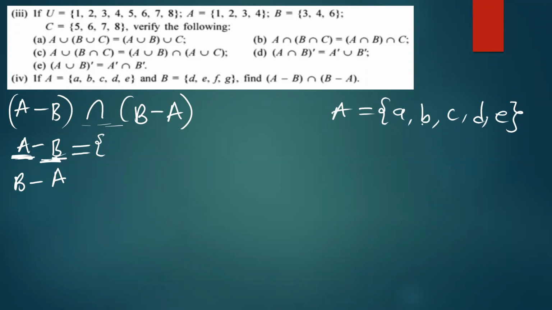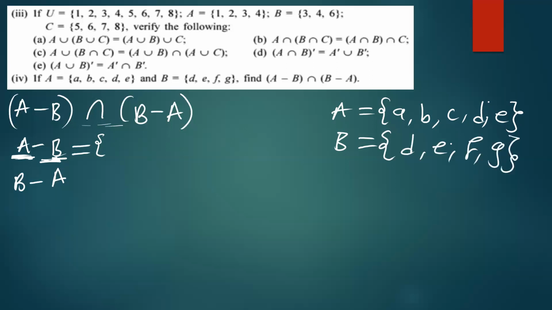So what elements in B are also in A? We have D. D is in both sets. In short, we look for the common elements. So set B is {D, E, F, G}.